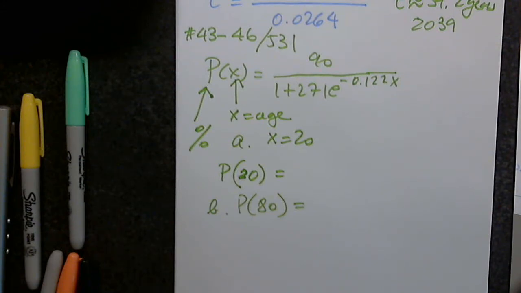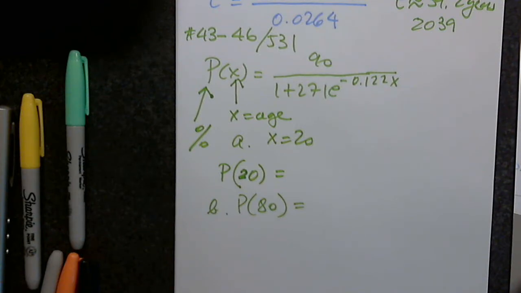Negative 0.122x. Close the parenthesis, get outside, and close the parenthesis again. So 90 over parentheses 1 plus 271 times e to negative 0.122x, close and close. Now I go to second and table.